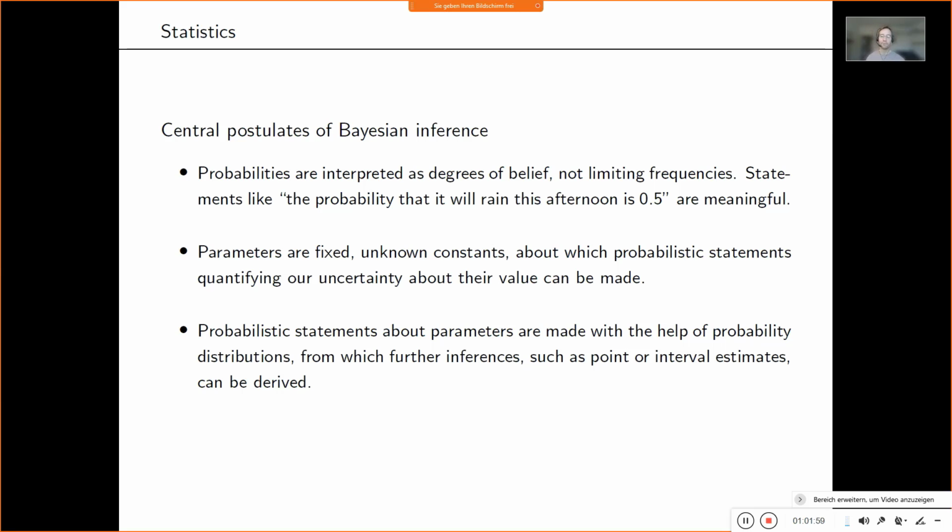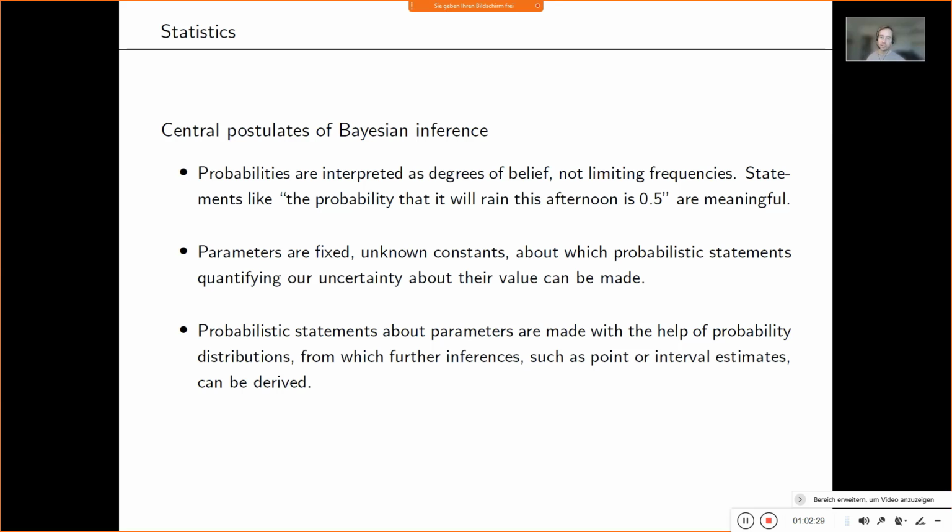I would say 0.5 because I don't know. But of course that's not a relative frequency, because Biden will only win Georgia, I guess, once this year. Maybe he will run for president again if he's still alive in 4 years, but it's definitely not a limiting frequency in terms of many observations of this event. But nevertheless, you can talk about the probability of that happening.